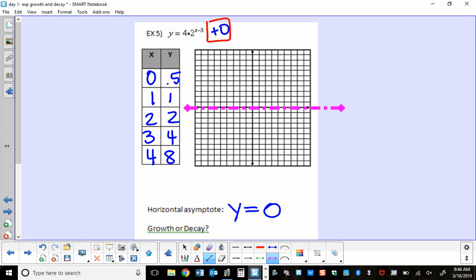Once we keep going with this, you will have to realize whether we have a horizontal asymptote or a vertical asymptote. So make sure you remember exponentials always have a horizontal asymptote. And then go ahead and plot these points: (0.5, 1), (1, 2), (2, 4), and (3, 8).